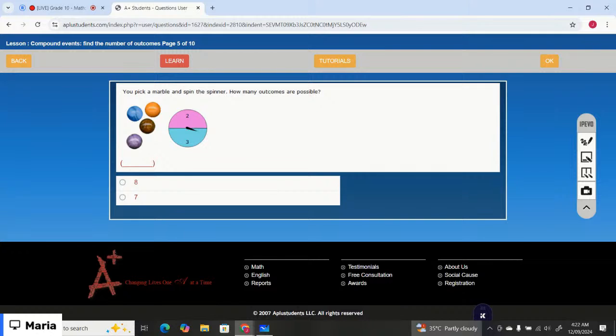You have four outcomes for the marble and two outcomes for the spinner, right? So you need to multiply the outcomes for both events to calculate the total outcomes. 4 times 2 makes 8. So the correct option is 8. Okay, you can complete the lesson by yourself later today. Let me just move on to the next lesson.